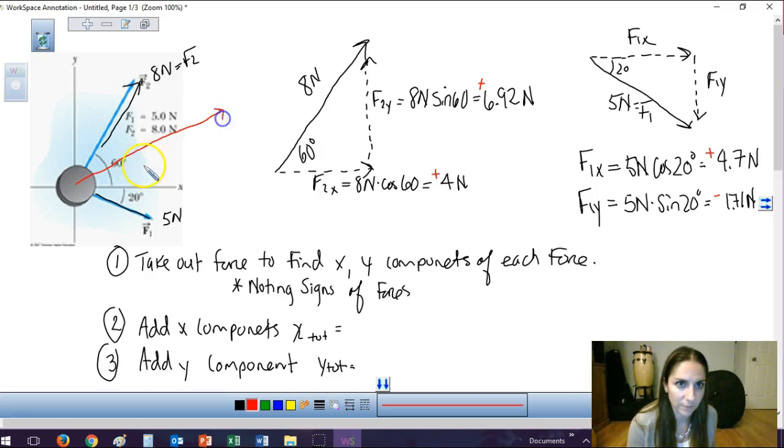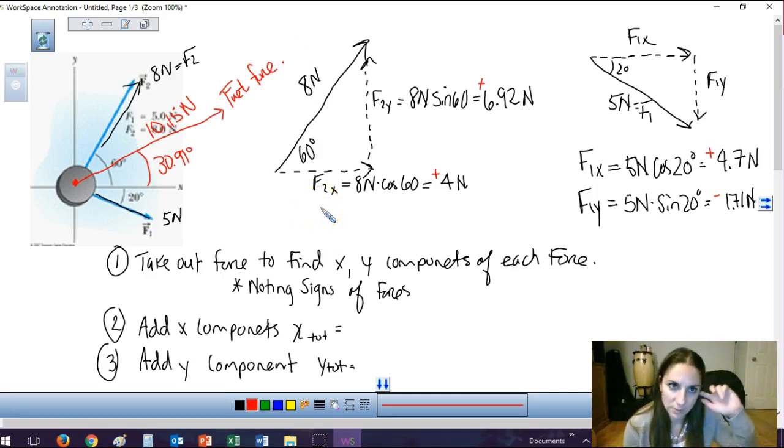So this would be 30.91 degrees in this coordinate system, and the value would be 10.15 newtons. So this is the net force of the system. Instead of drawing two forces, we can model the whole system as just one force. And that's how you can find the net force.